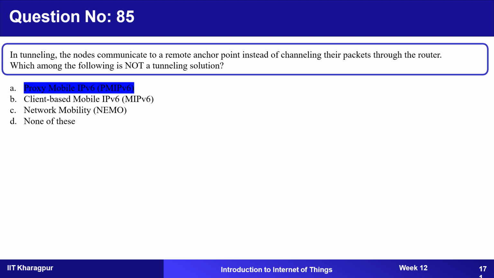The first is proxy mobile IPv6 and the second is client based mobile IPv6. Okay, I will check this and let you know. First, I'll complete this question and tomorrow we'll again have a session. So tomorrow I'll tell you. Okay, thank you.